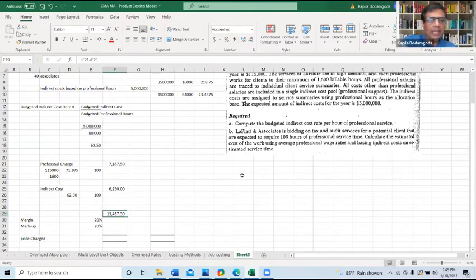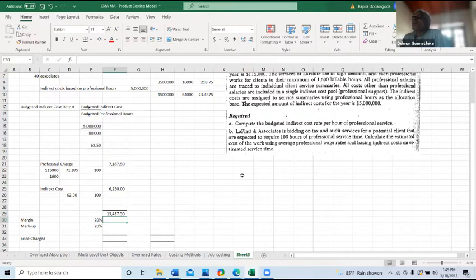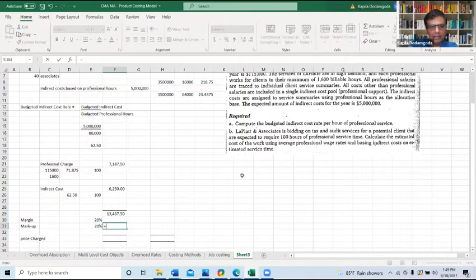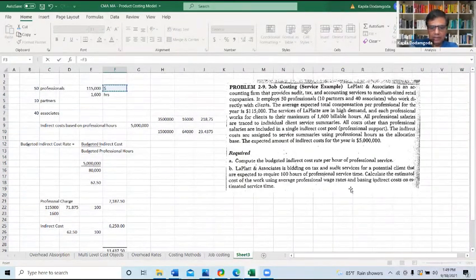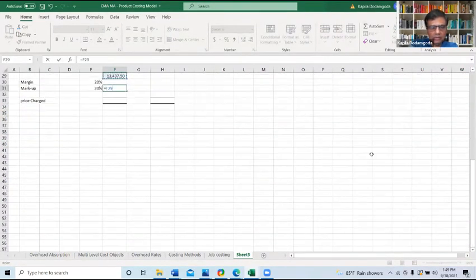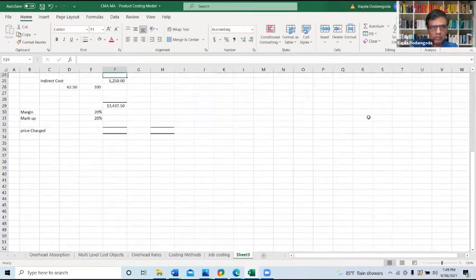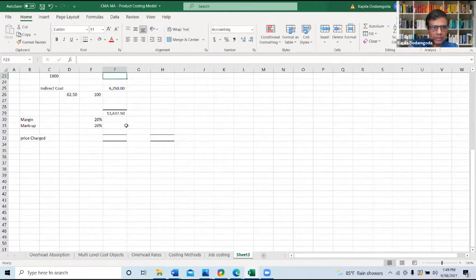Yes, if it is a 20% markup, what would be the price? 16,125. Okay, is that the price, right? So how did you do that? Our cost is so much.